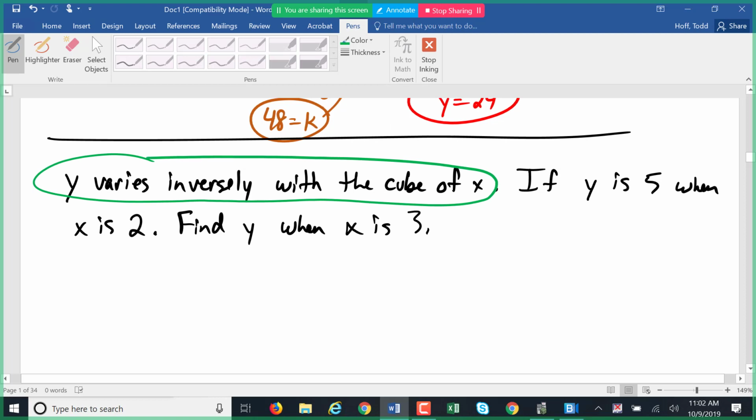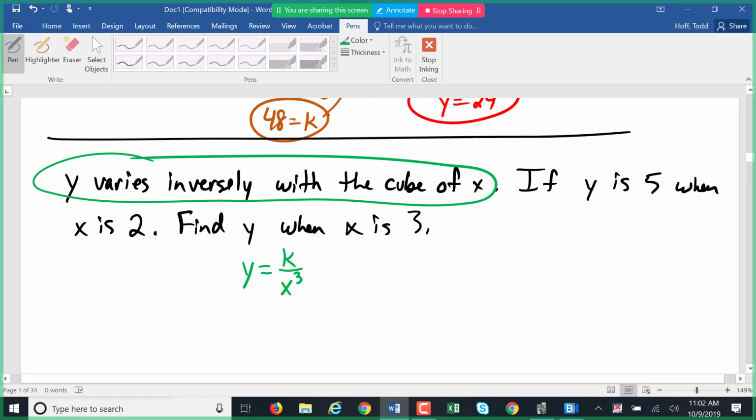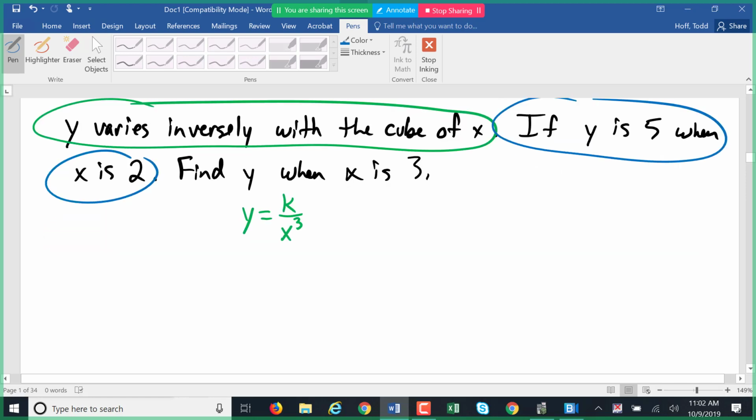The y varies directly with, or inversely, I should say, with the cube of x. So y equals a constant divided by something. Well, it's not divided by x, it's divided by x cubed. We have a known condition here. Y is 5 when x is 2. So 5 equals k over 2 cubed.